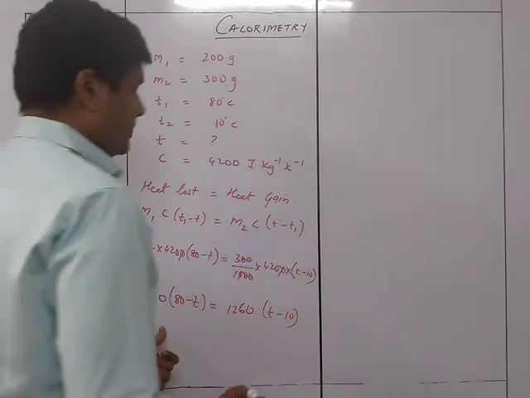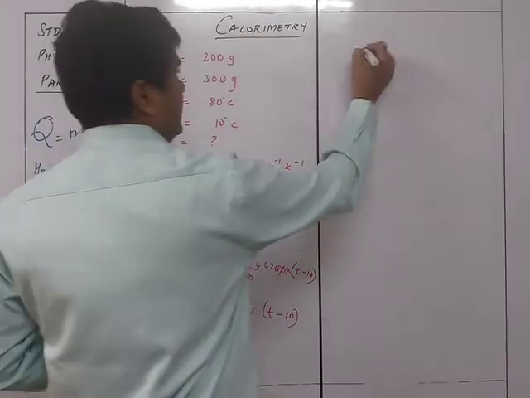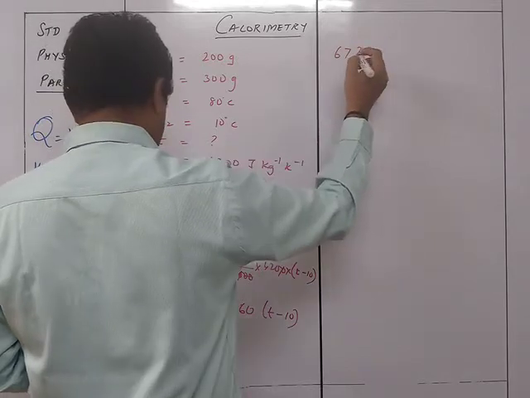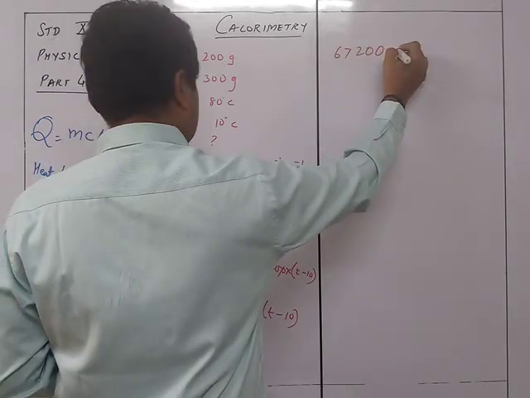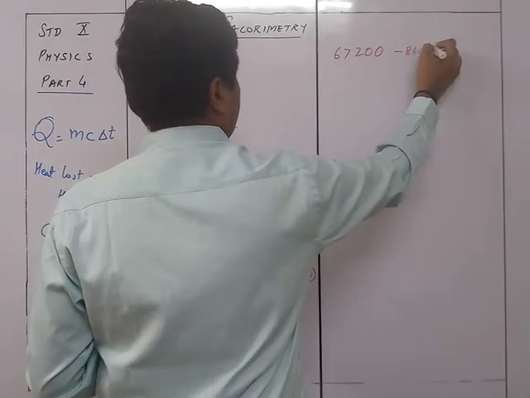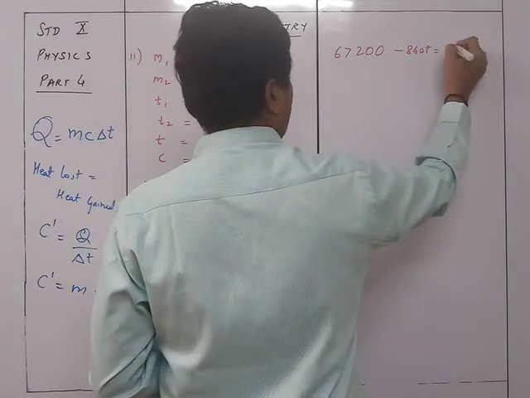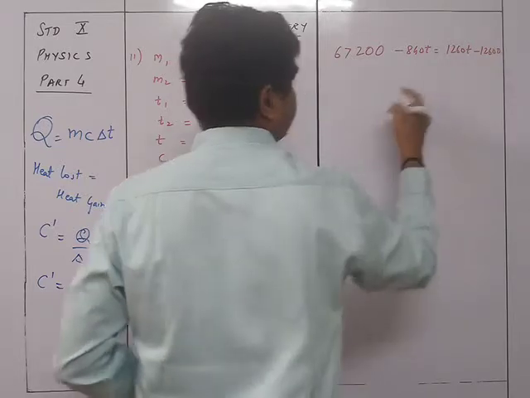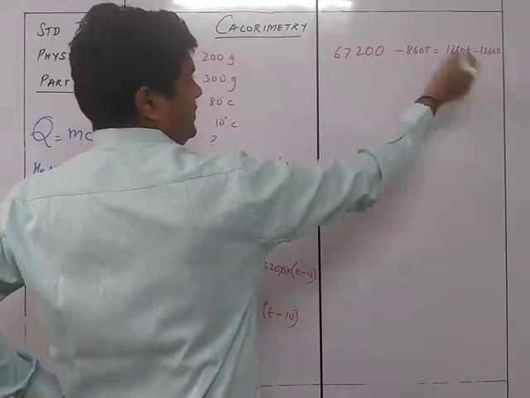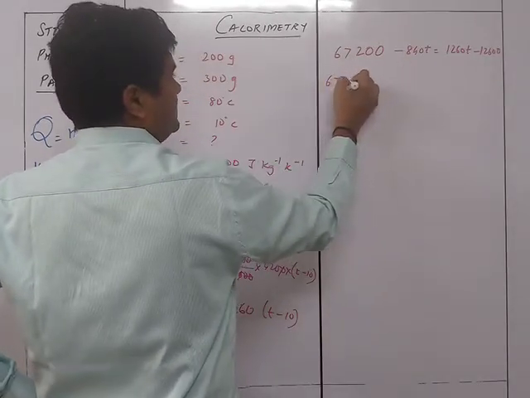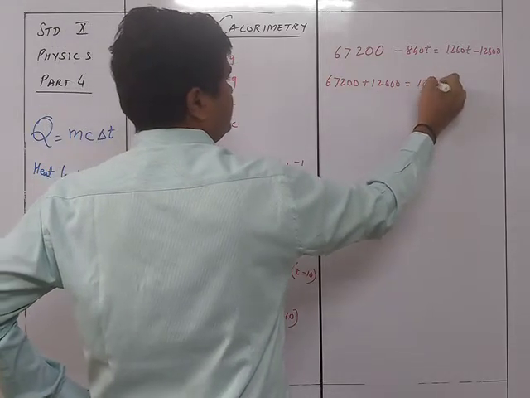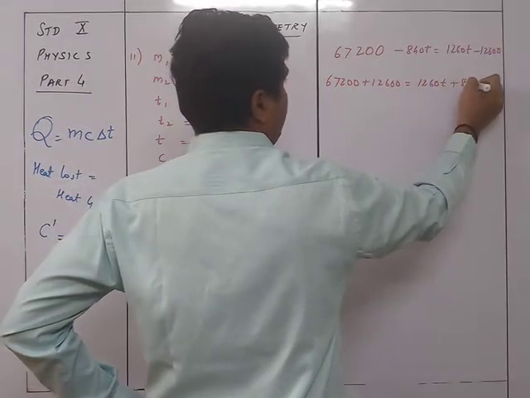Okay. So when you multiply this thing, 8 4s are 32 and 8 is 64 plus 3, 67. So it will be 67200 minus 840T is equal to 1260T minus 12600. So taking the T on this side, it will be 67200 plus 12600 is equal to 1260T plus 840T.